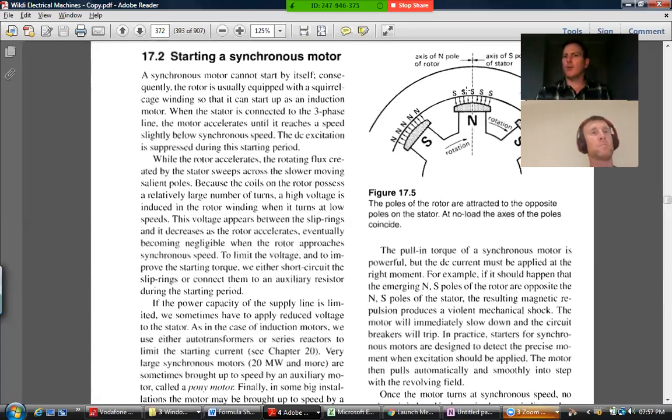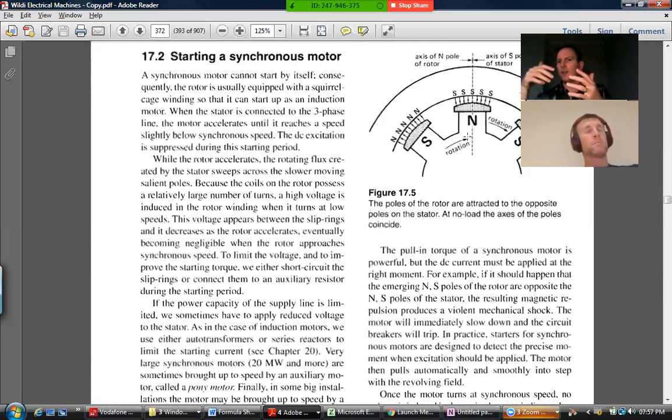That induced current will form magnetic poles, which will start dragging the rotor around, trying to follow the stator like an induction machine would. And once it gets within a few percent, then you're in a position where you can suddenly apply that exciting current to the rotor. And now it will lock in, suddenly jump in and lock there, and the two will rotate together. So as long as you're going pretty close to the right speed and you time it just right, you can suddenly provide the excitation current and the two will lock in.